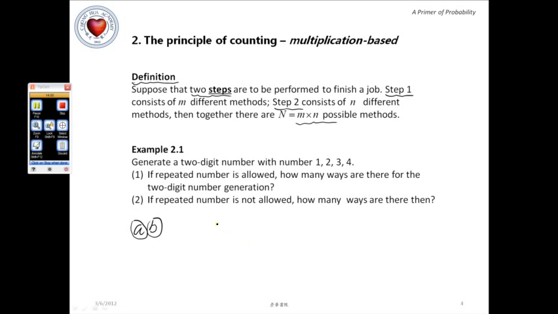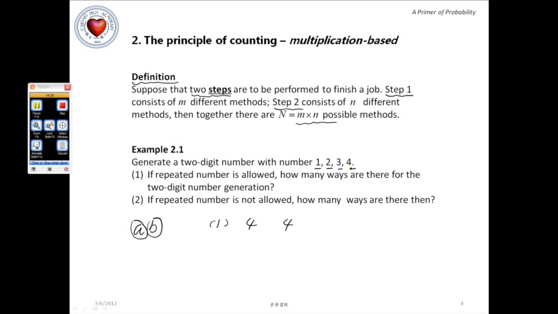For question 1, step 1 of selecting the single digit consists of 4 methods, and step 2 of selecting the 10-digit consists of another 4 methods, because 1, 2, 3, 4 is allowed to repeat.